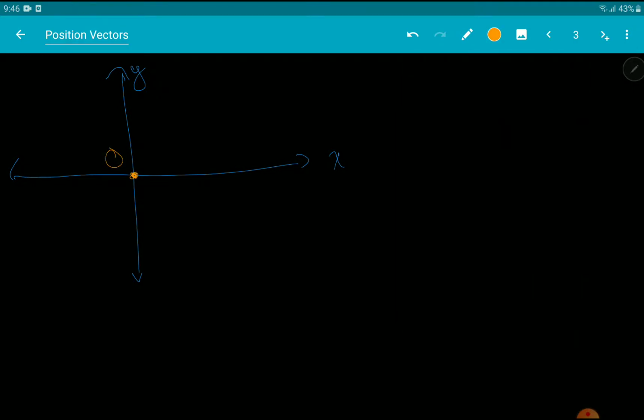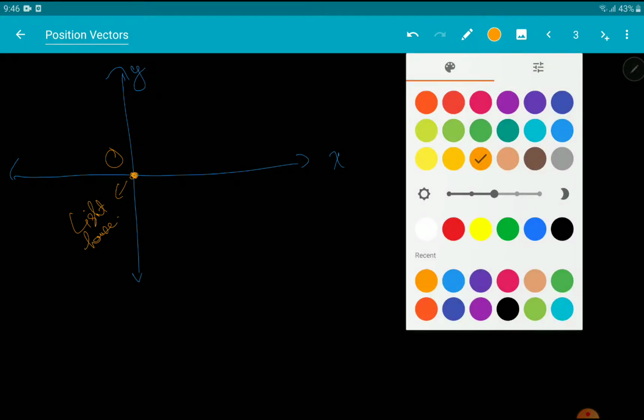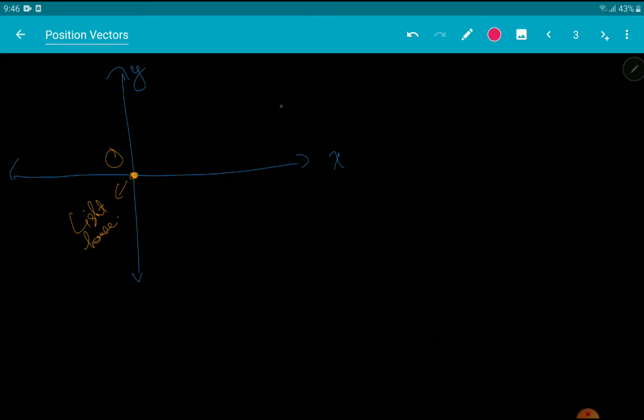This is our origin, the O. Let's say a lighthouse was situated at our origin in this frame of reference, and a stranded survivor, a man, was stranded at point A in the middle of the sea.